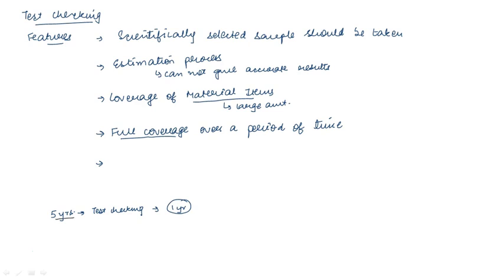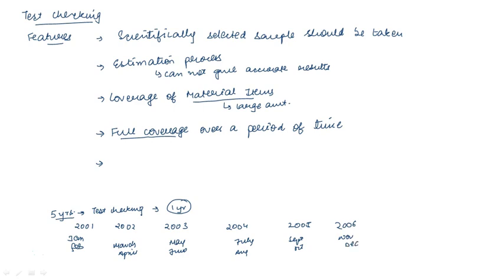If I talk about 5 years, let me give an example of 2001, 2002, 2003, 2004 and 2005. So in this I am going to check the January, February, over here March and April, then it's May, June, then it's July, August, then it's September, October, and then it's November and December.